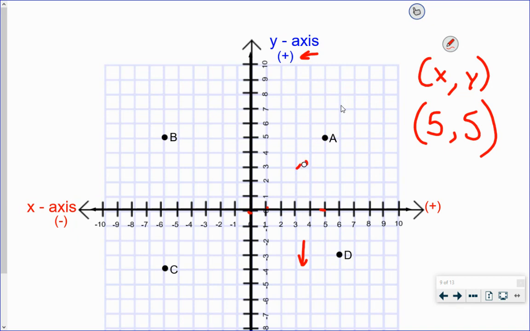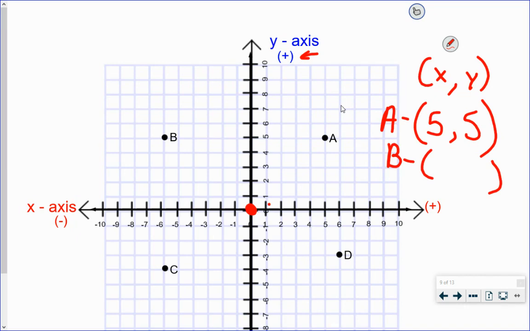Okay? Now, let's find the location of point B. Again, where do we always start? We always start at our origin. Okay, so point A is located at 5, 5. So where is point B? Well, we need an X coordinate and we need a Y coordinate. So how do we get over to B?